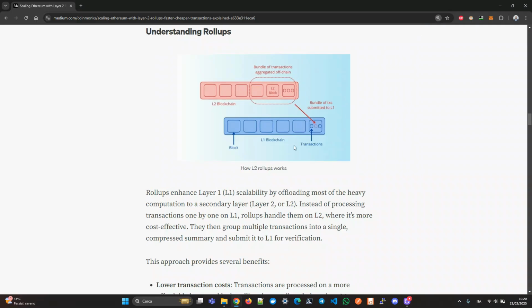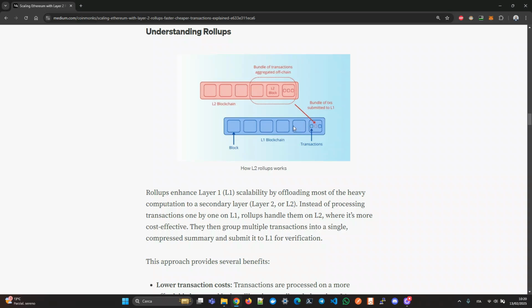this is the layer 1, the main blockchain, and the layer 2 blockchain, which processes the transactions independently from the layer 1, and then uploads the transactions as a batch to the layer 1.